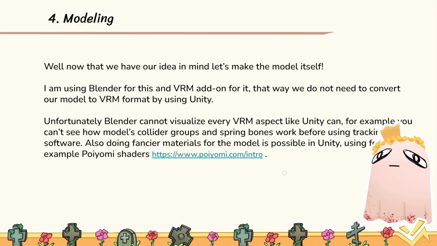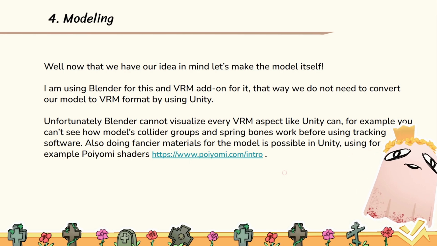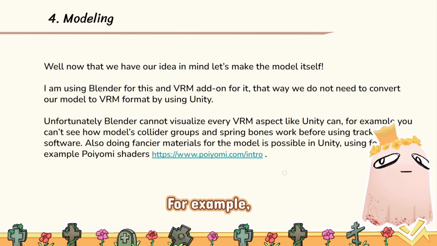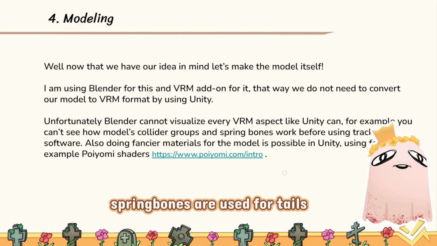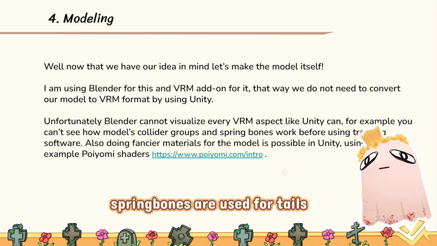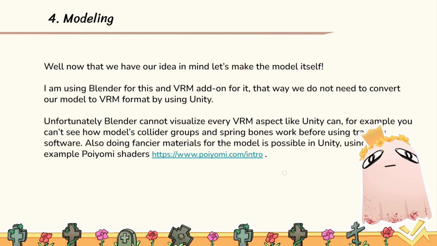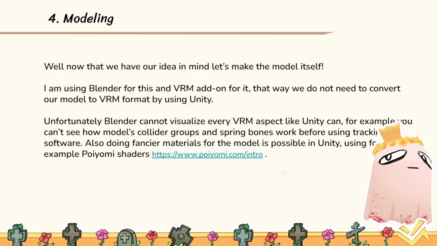For example, you cannot see how model's collider groups and spring bones work before using tracking software. So you have to put your model to VSeeFace to see how those spring bones and collider groups react.